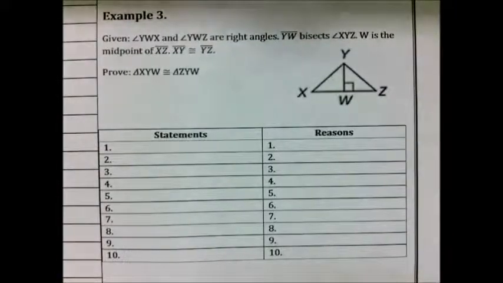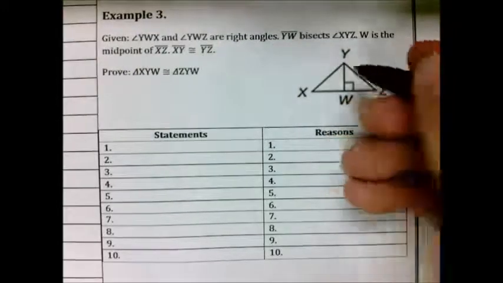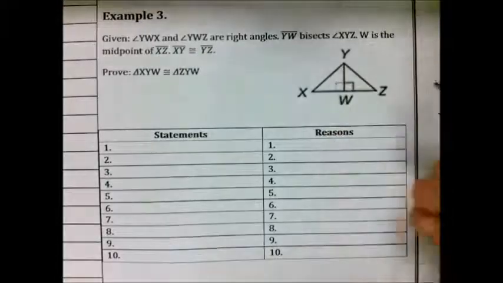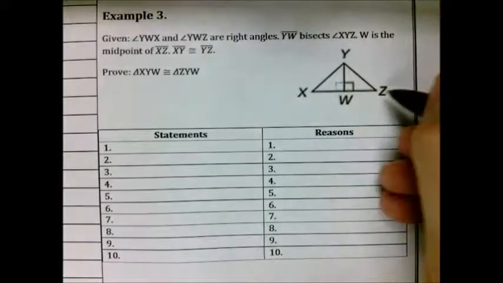All right, example 3 is about a proof, and we have certain given information, and we have some information that we need to prove, and we're using this 2-column proof system where we've got statements on one side and reasons on the other. We're given that the angles YWX, that's this angle right here, and YWZ are right angles.